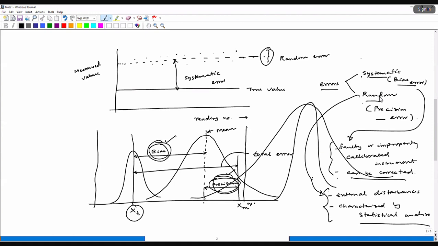If the true value is here, you can see that the precision error is very small compared to the bias error. Or the true value can even lie here. You can see that the bias error is very small compared to the precision error. So it can actually lie anywhere. Okay, understood. I just wanted to clarify.